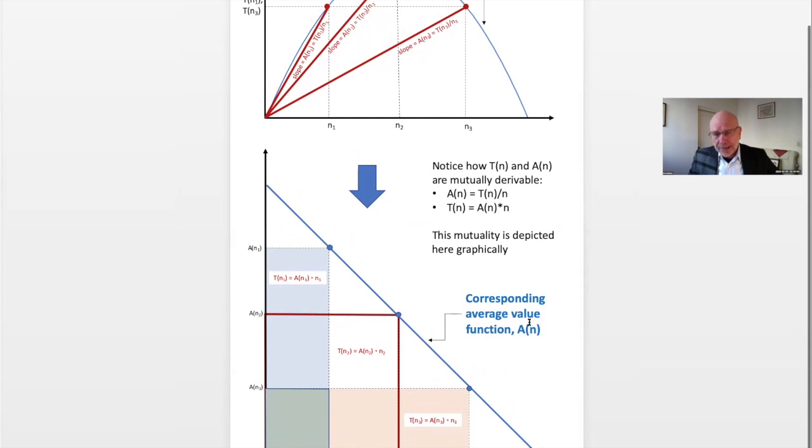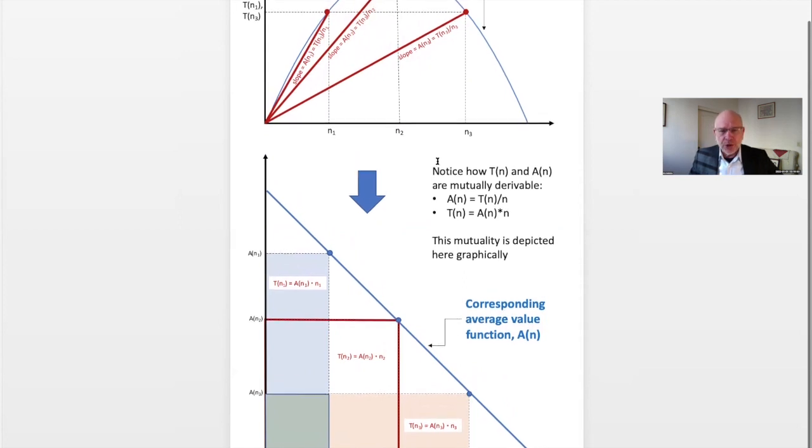Now, because this is the average value function, any point on the curve represents the average value. So while in the graph up above, which is the total value function, the average value is represented by the slope of a chord, if we come down here, the average value is simply represented by the point on an average value function.